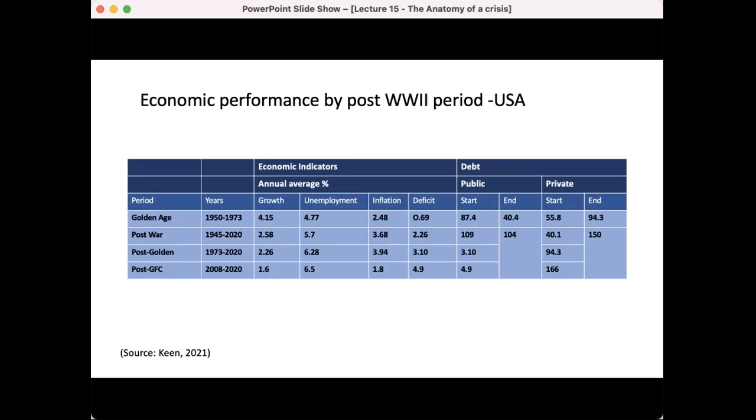And it is subsequent to 1973, in the era which we have referred to as the financialized era, that we have seen a commensurate growth in private sector debt. Public sector debt is less of a problem than private sector debt for the reasons that we've just outlined.